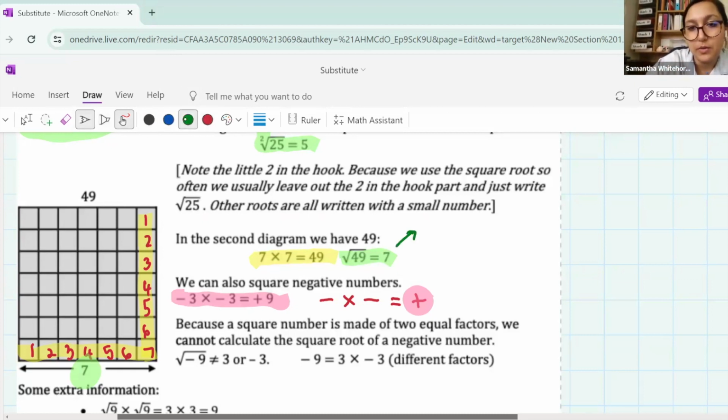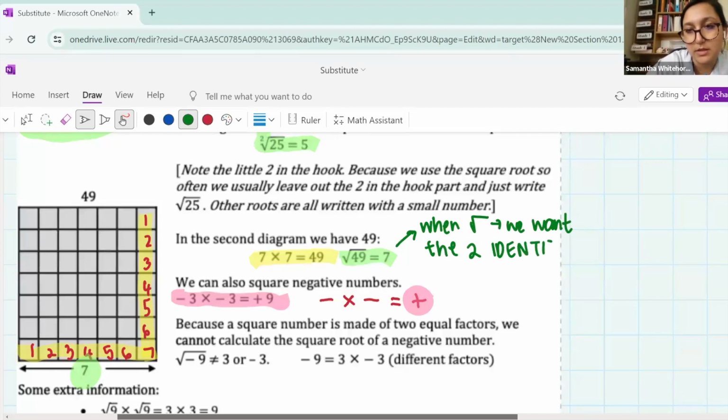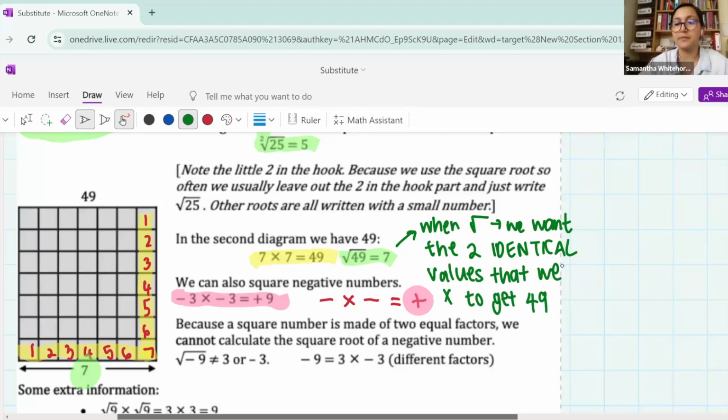So when square rooting, we want the two identical values that we multiplied to get, in this case, the 49.